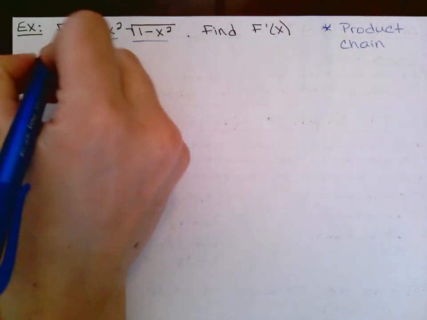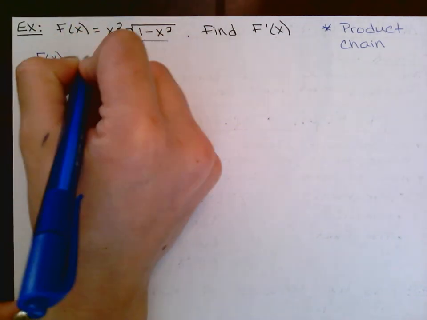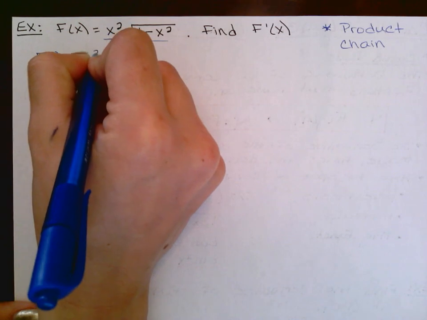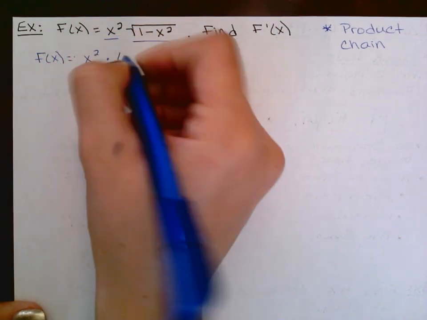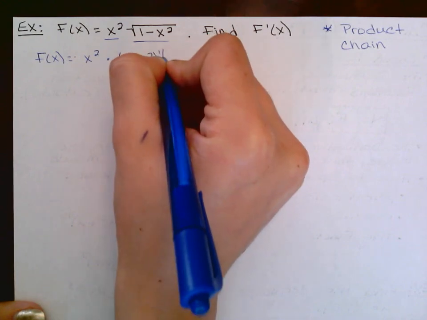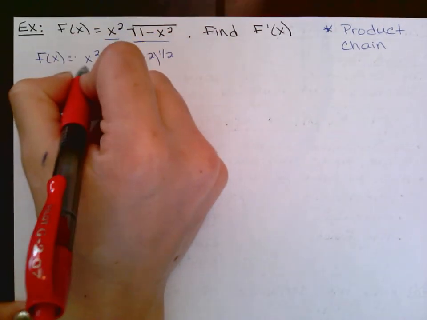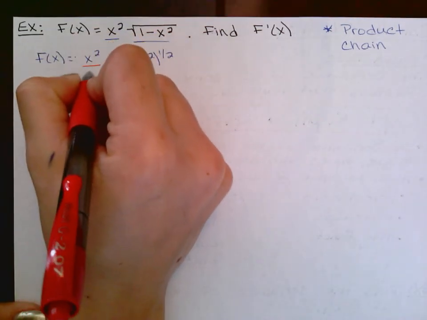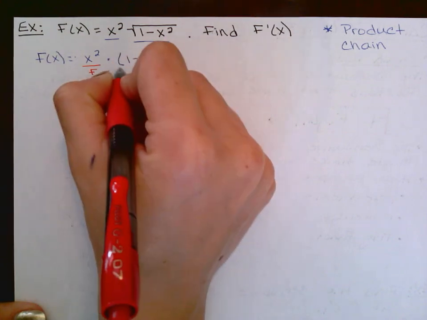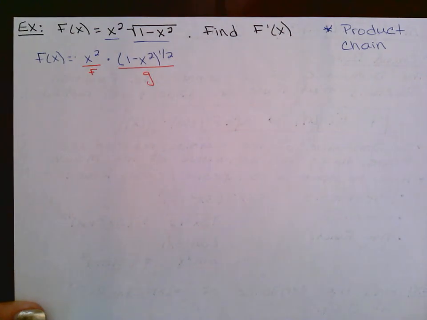So the first thing I'm going to do is I'm going to say f of x equals x squared times 1 minus x squared to the 1/2, okay? Now I'm going to take it slow. Once you get a hang of this, feel free to go a little faster. This is going to be my f, and this is going to be my g, okay?